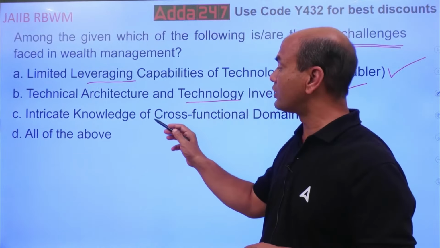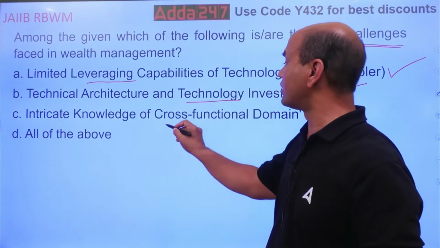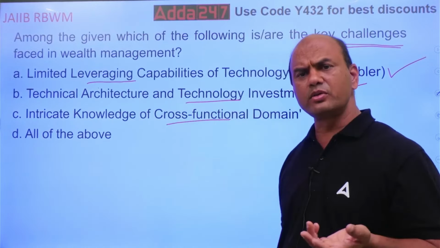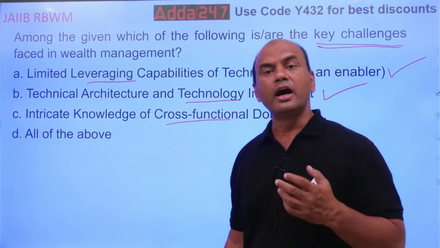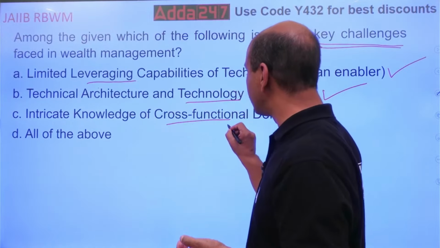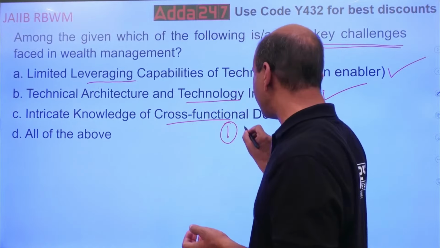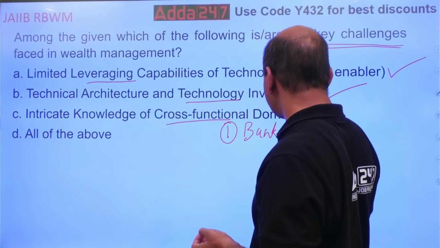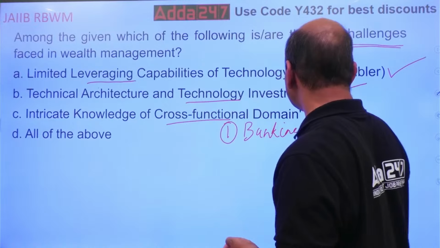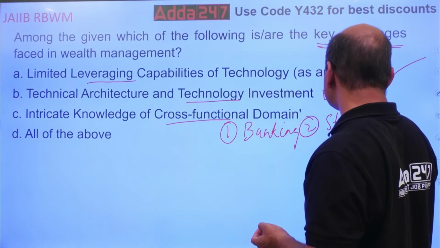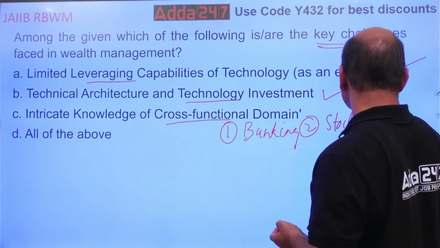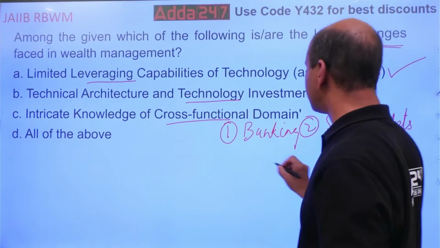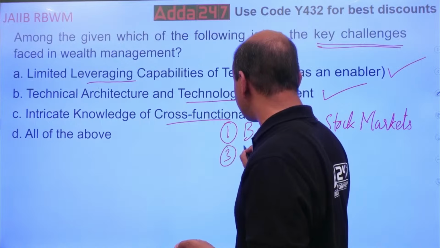Third, intricate knowledge of cross-functional domain. What do you mean by cross-functional? If I am the wealth manager, I must have the knowledge of number one, banking. Second, I must have the knowledge of stock markets. Then I must have the knowledge of, third one, real estate.